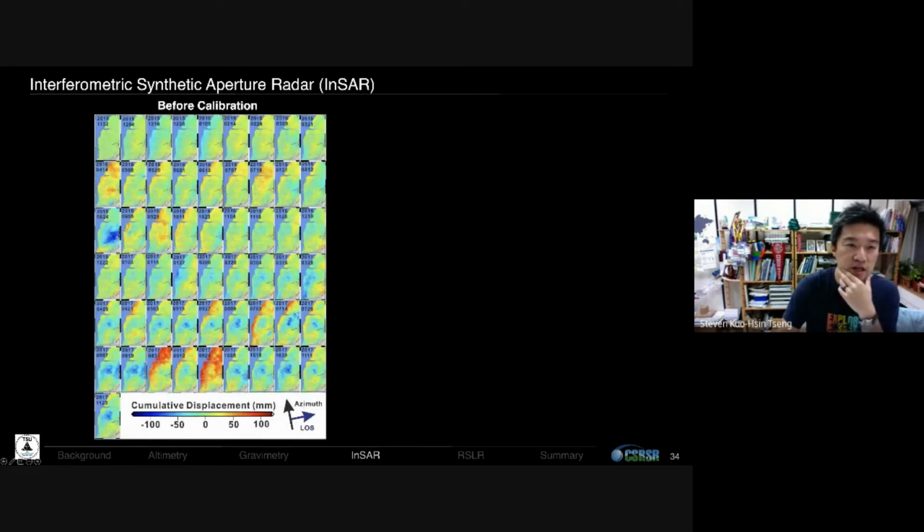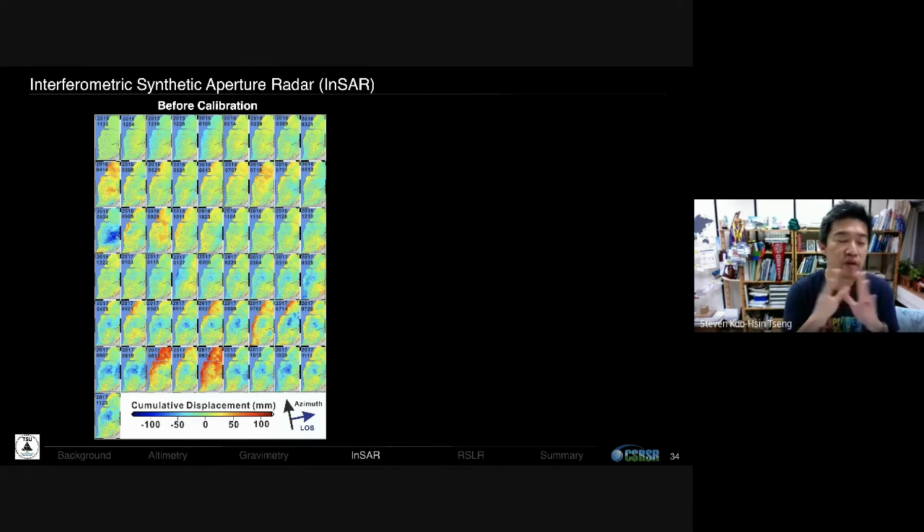To give you an idea, if you have an InSAR result, it's similar to this time series. From top left, that's the first state, and all the way through the rows to the last one, that's the time series.